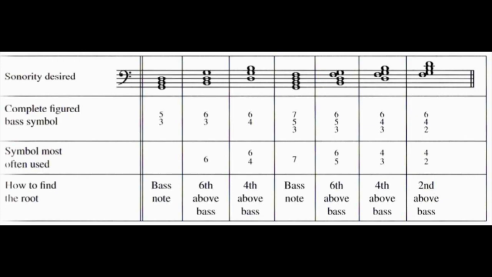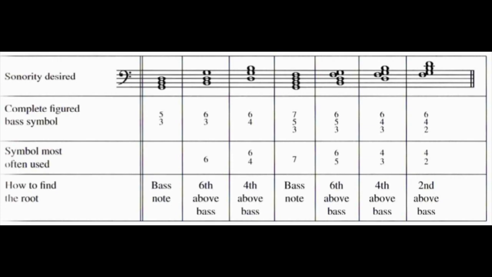I'll explain that more in just 1 second. The system dealt only with intervals, not with roots of chords, because the theory of chord roots had not been devised when figured bass was first developed.